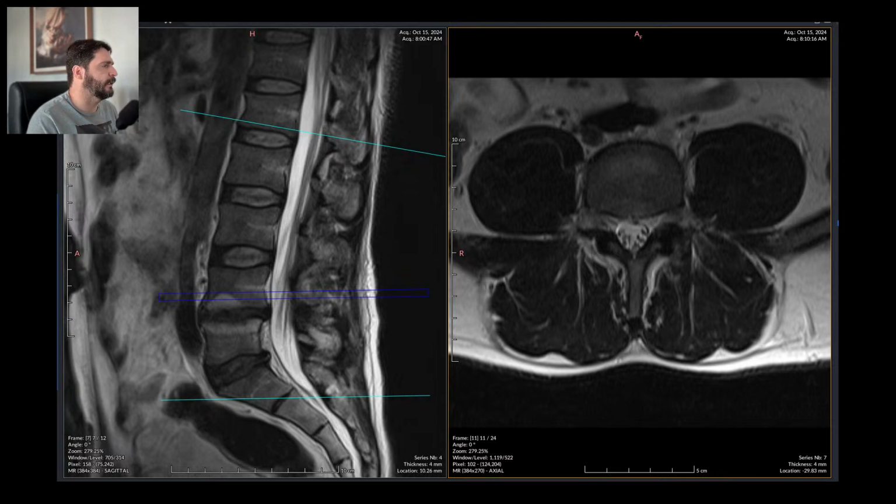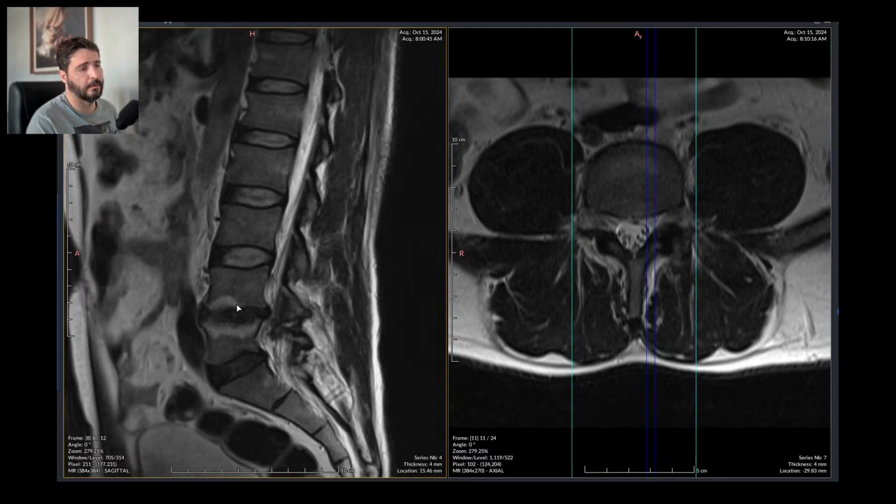Am I missing anything over here? Oh, the small node. There is a small node right here on L4, on the inferior plateau of L4. Yes, there it is.